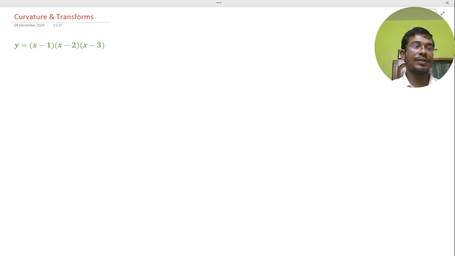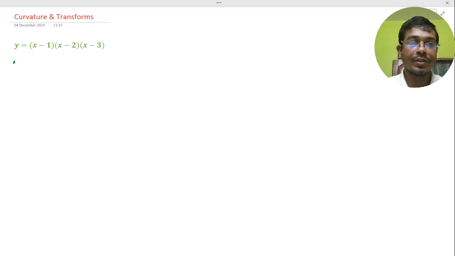For doing this, sketch the graph y equal to x minus 1 into x minus 2 into x minus 3. So this is an application of playing with graphs, called drawing the graphs.